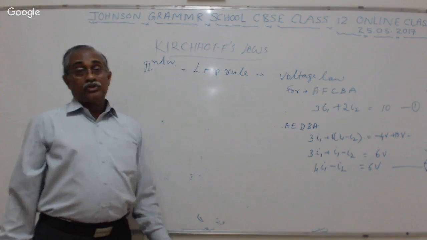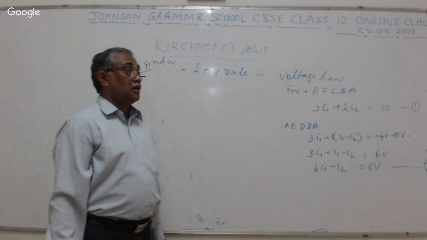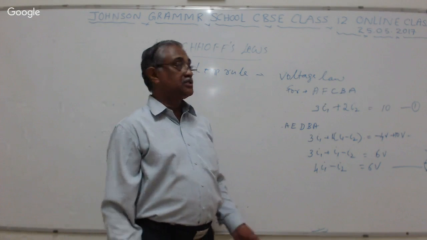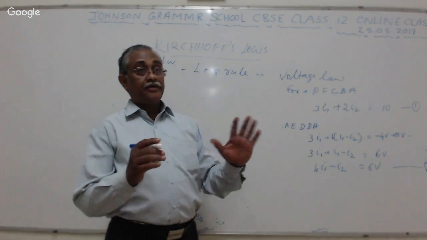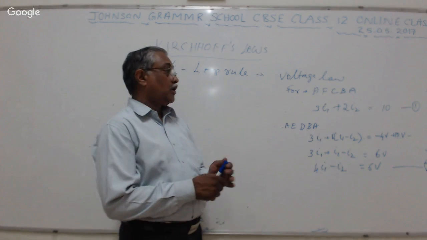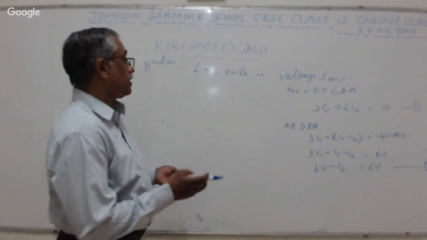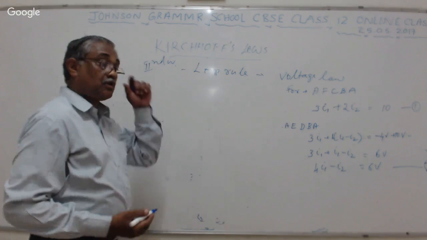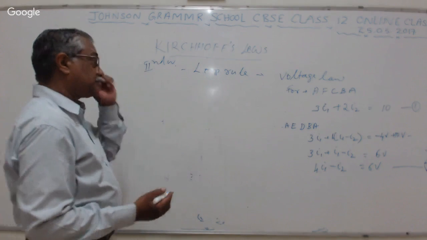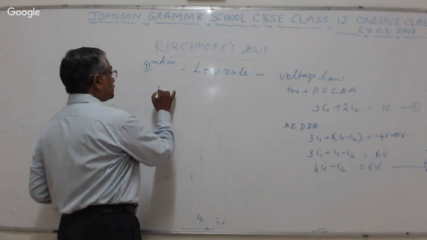So one of those devices is what we call the meter bridge, based on a principle we call the Wheatstone principle. Okay. So it's an application of Kirchhoff's law. So where we apply this Kirchhoff's law is the Wheatstone bridge.